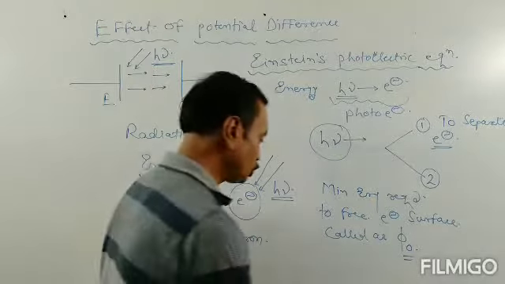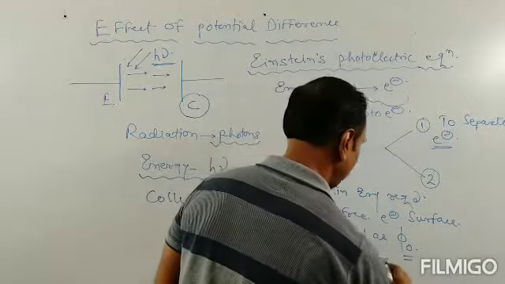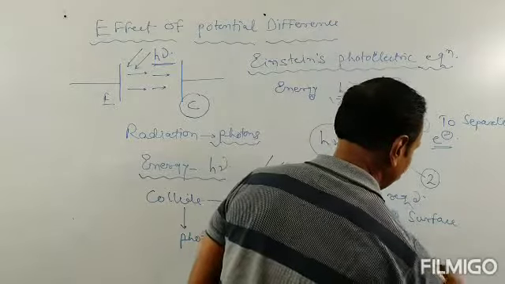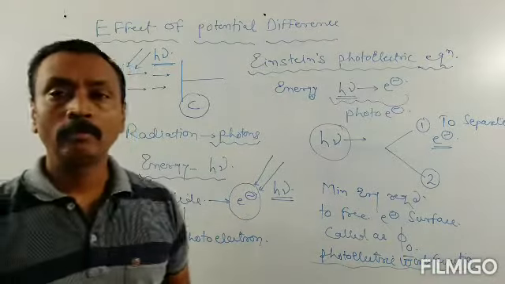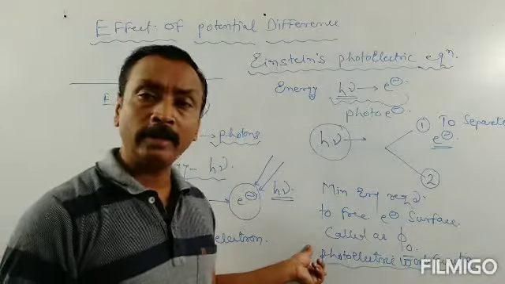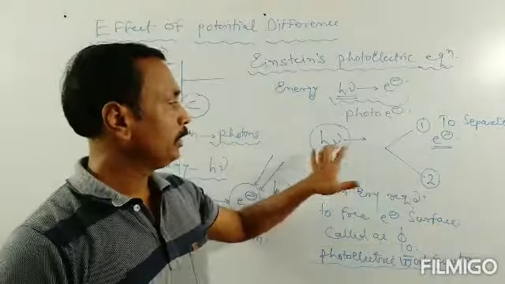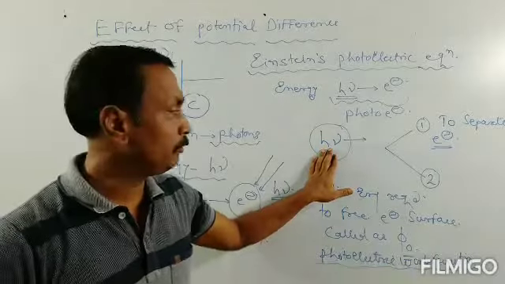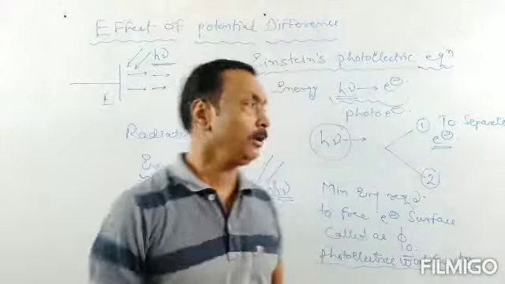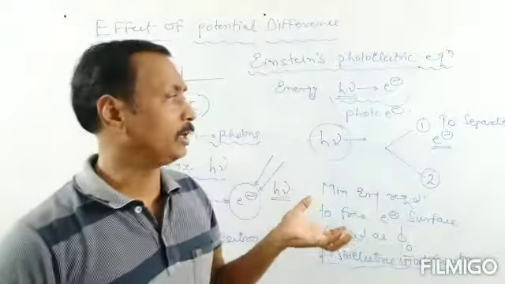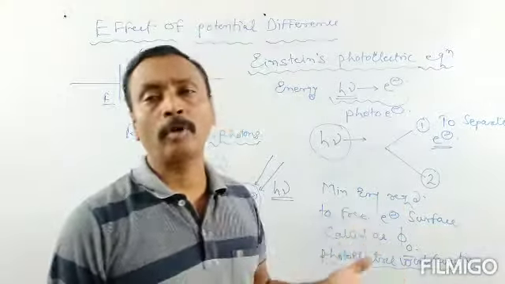That is why it is called the photoelectric work function, which stands for phi0. Let me explain again. This is the photon energy h nu. When it is incident on the emitter plate, some of its energy is required to free the electron from the surface.